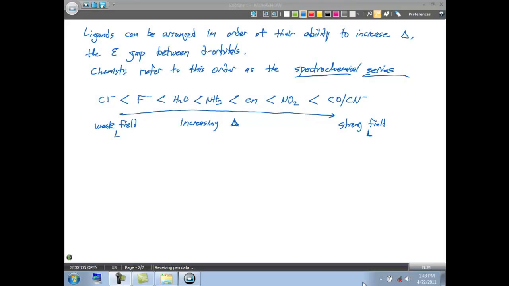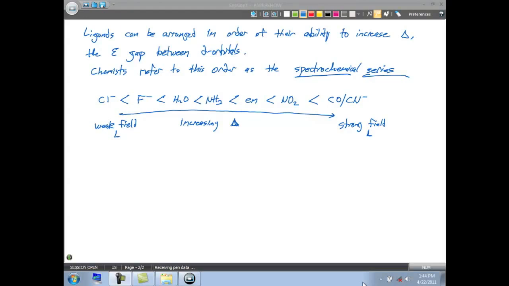So this enables us to start to analyze complexes in a little different way. The example that I gave to start this analysis was a d3 complex. And a d3 complex in an octahedral environment is kind of easy to analyze because there's only one possible electron configuration that could arise from that.